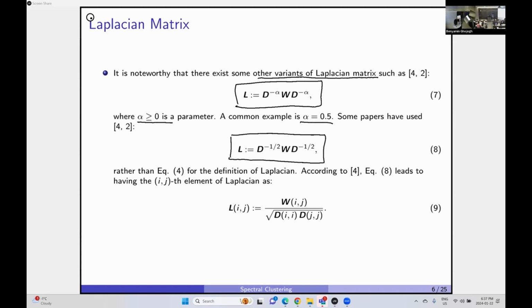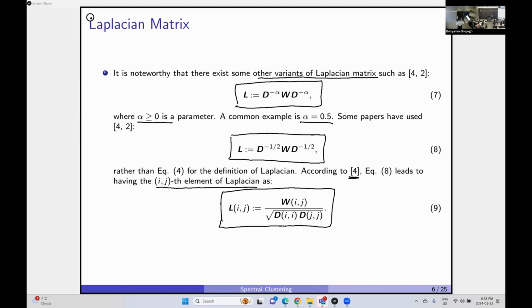This is also sometimes called the normalized Laplacian matrix. Okay, and according to this paper, equation 8 leads to having the ijth element of the Laplacian matrix to be this. Wij over the square root of dii djj. Okay. As you see, it's kind of normalized.